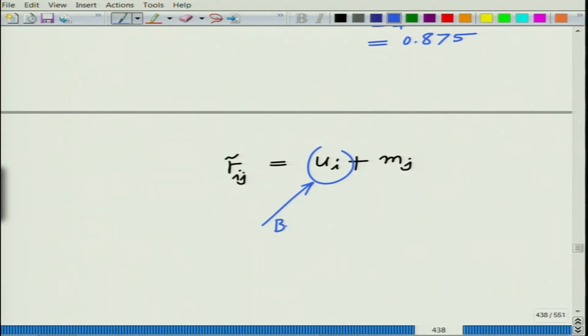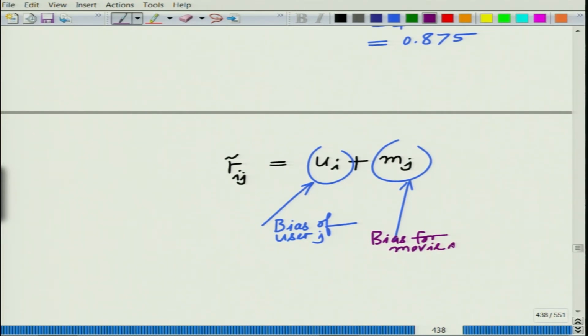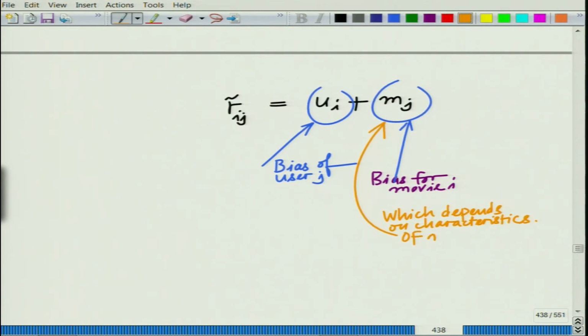This is the bias of user i, and M j depends on the characteristics of movie j.